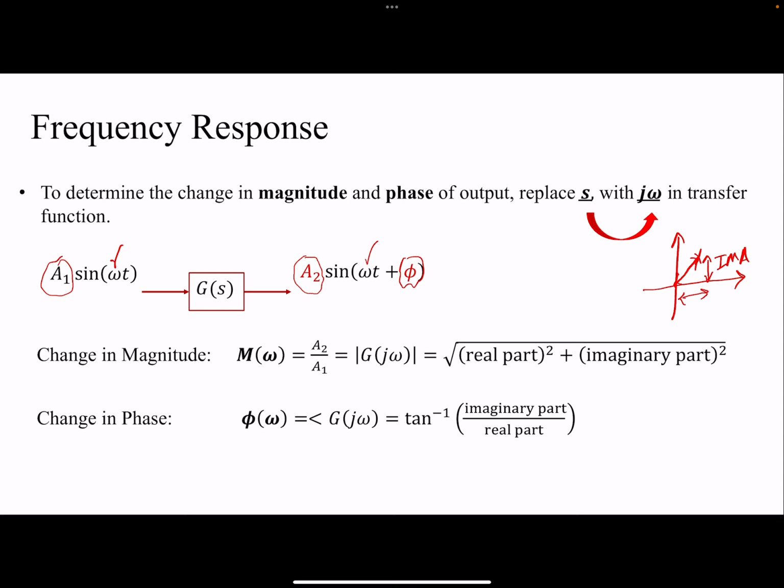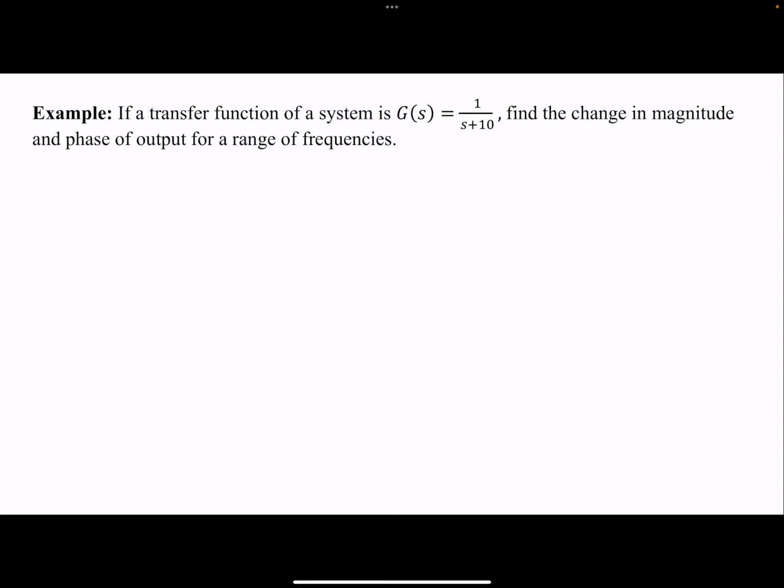So for frequency response, our job is to find this change in magnitude and change in phase, because we know the frequency is the same. But this change is frequency dependent, so we are not going to get one value for all frequencies. For every frequency, we are going to have a different M(omega) and phi(omega).